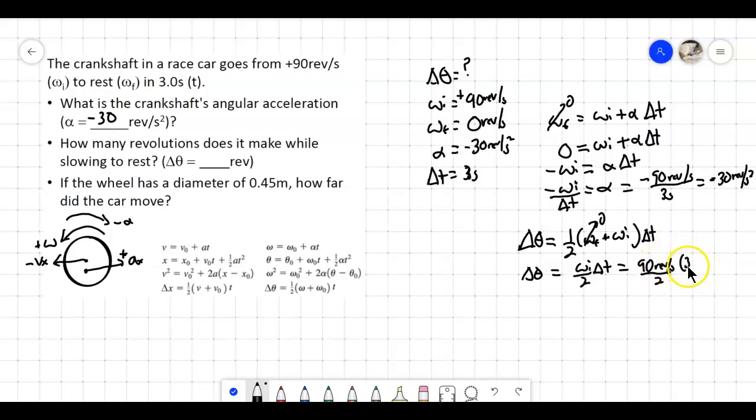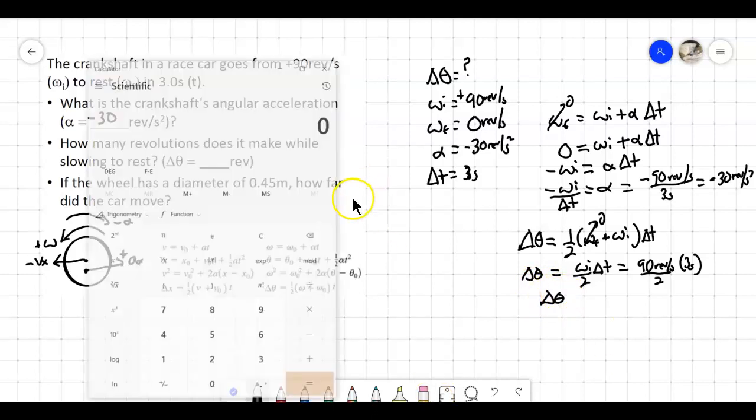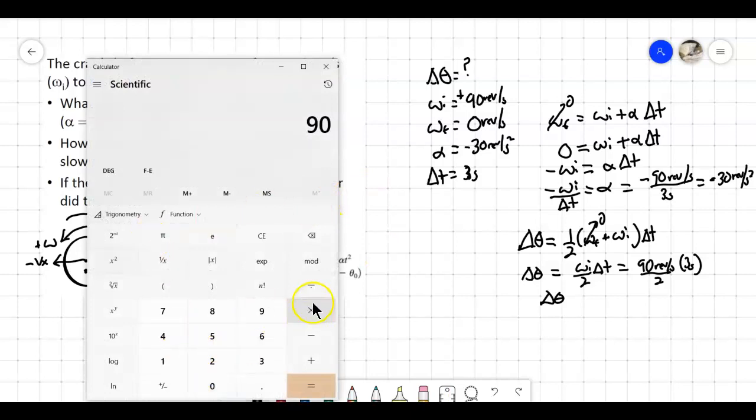Let me rewrite that 3 so it's more legible. So delta theta looks like it's going to be, I'm going to pull out my calculator, 90 times 3 divided by 2 equals, alright, so 90 times 3 is not 180, that's 270 divided by 2.